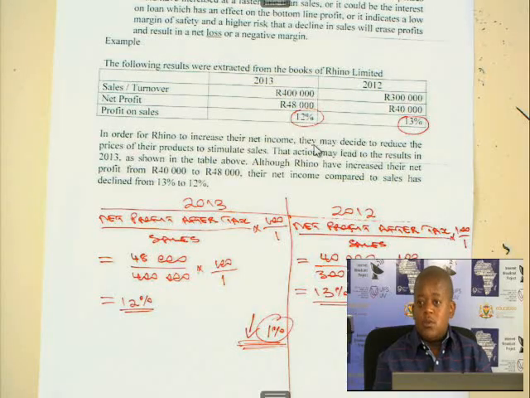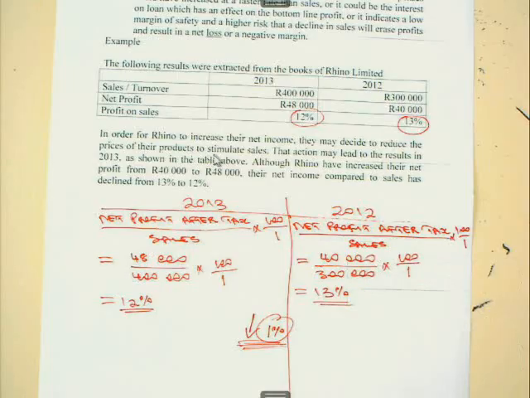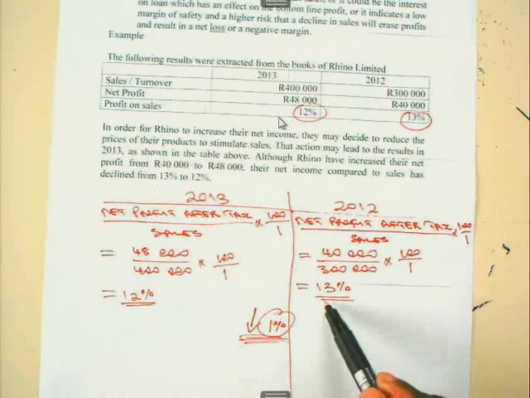Therefore, we assume that the business, because they desperately wanted to increase their net income, decided to reduce the prices of their products to stimulate sales. That action may lead to the results in 2013 as shown in the table above.